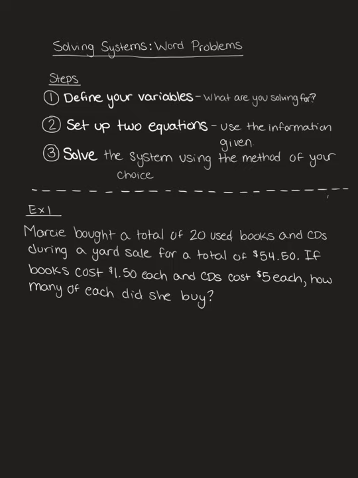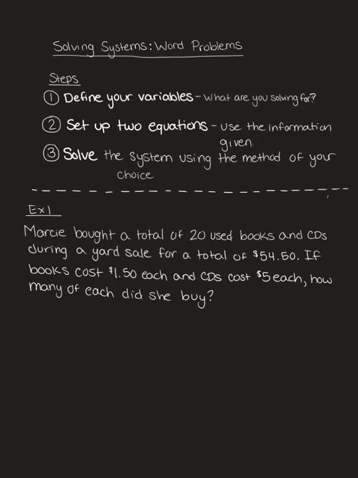So let's look at this first example. Marcy bought a total of 20 used books and CDs during a yard sale for a total of $54.50. If books cost $1.50 each and CDs cost $5 each, how many of each did she buy? First step, define your variables.